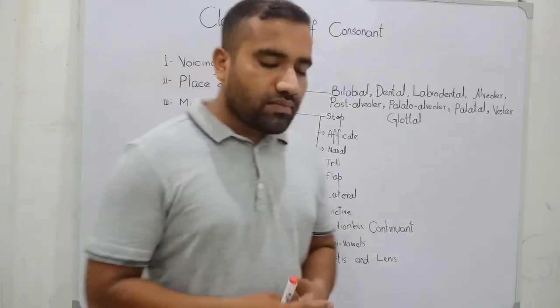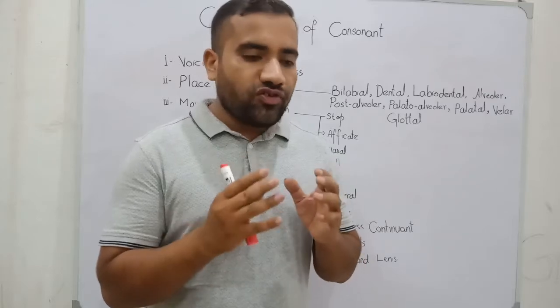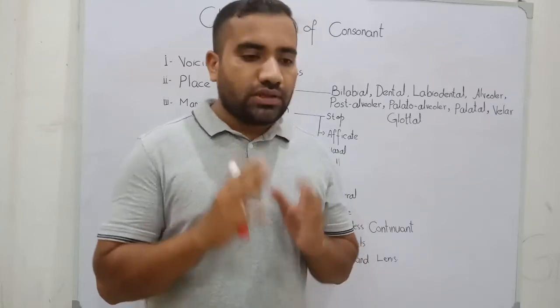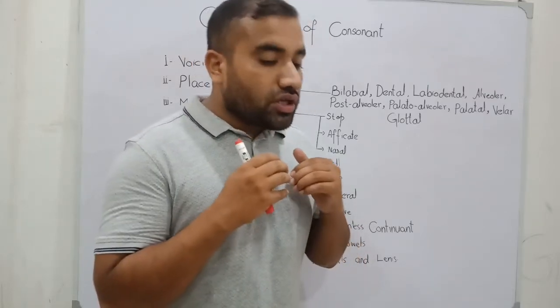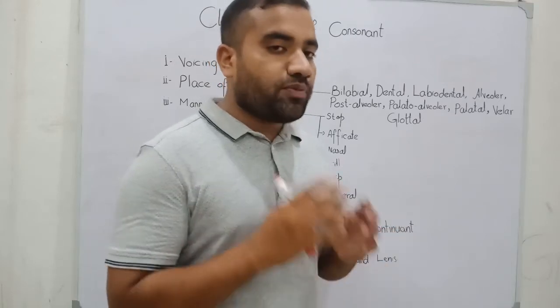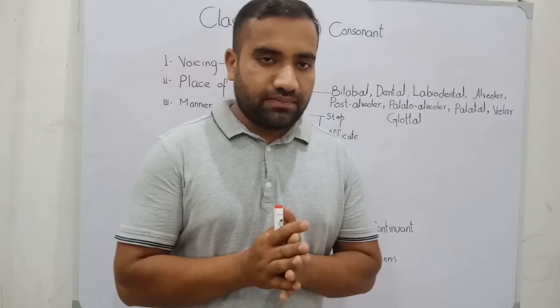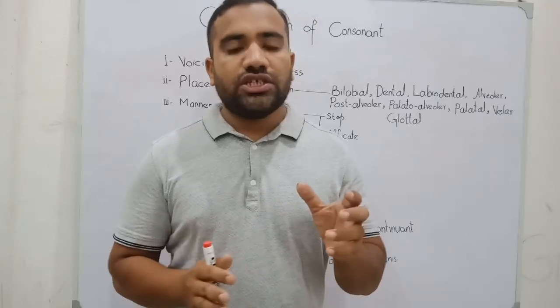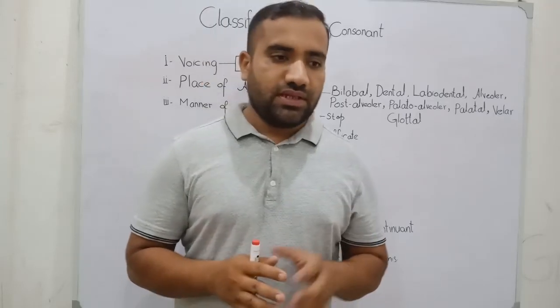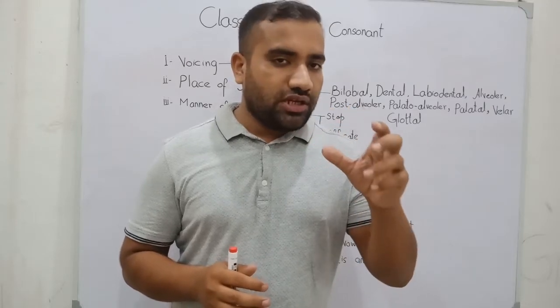Fricative. When you produce the sound, first you make a stop, then you release the sound slowly. This process is called fricative. Like when we say chair, first you compress the sound, then you release it slowly.